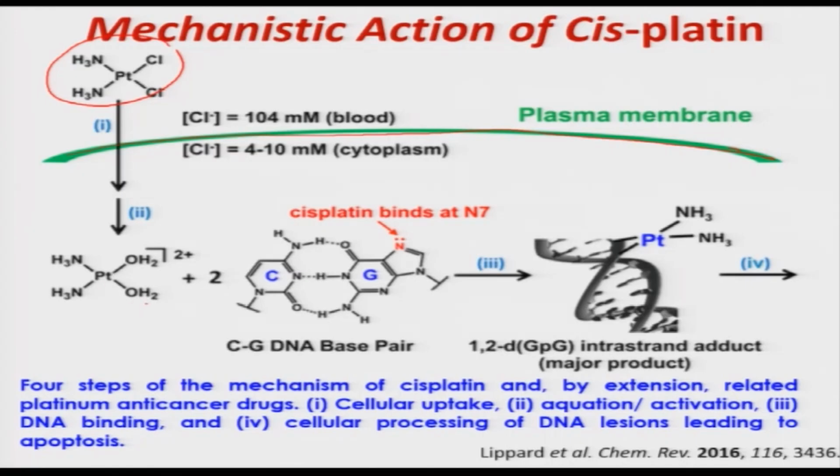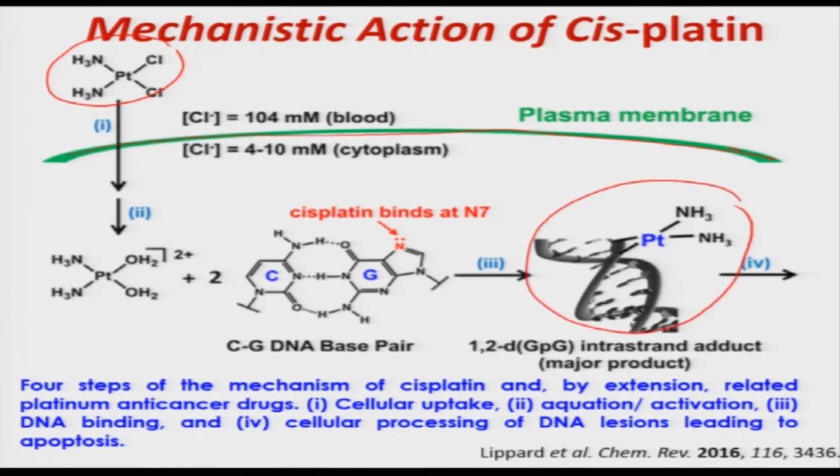As you can see, 2 water molecules replace the chloride, and then this cytosine and guanine DNA base pair is shown over here, and you can see that cisplatin binds very clearly, forming the interstrand adduct, which is actually the major product, shown over here.